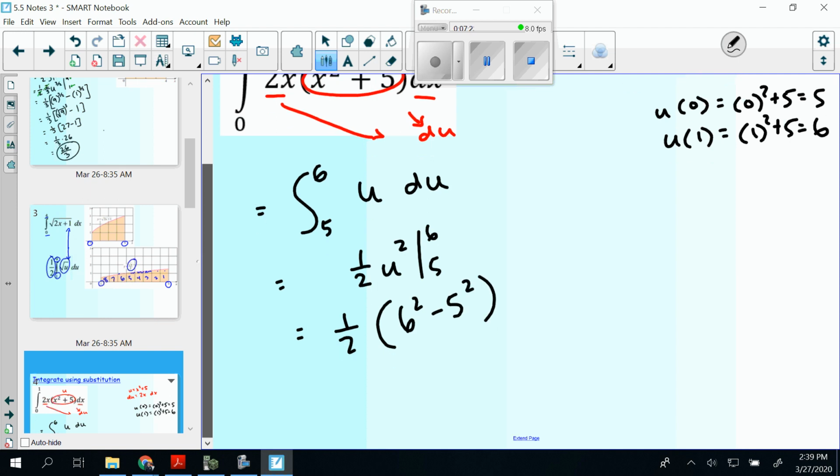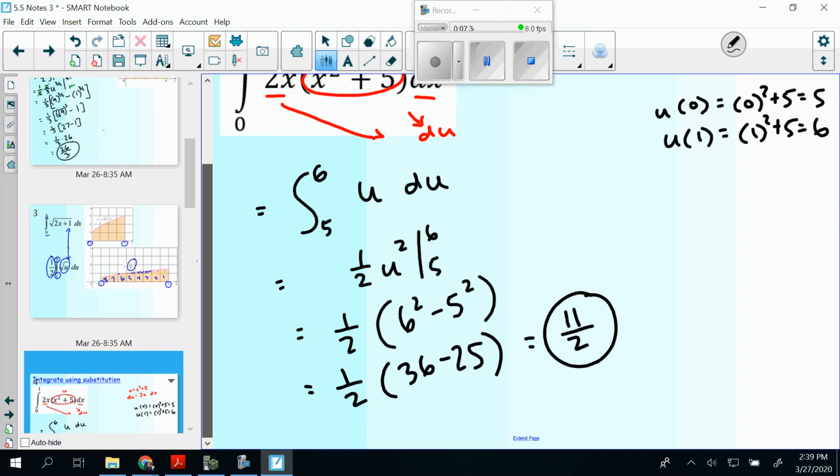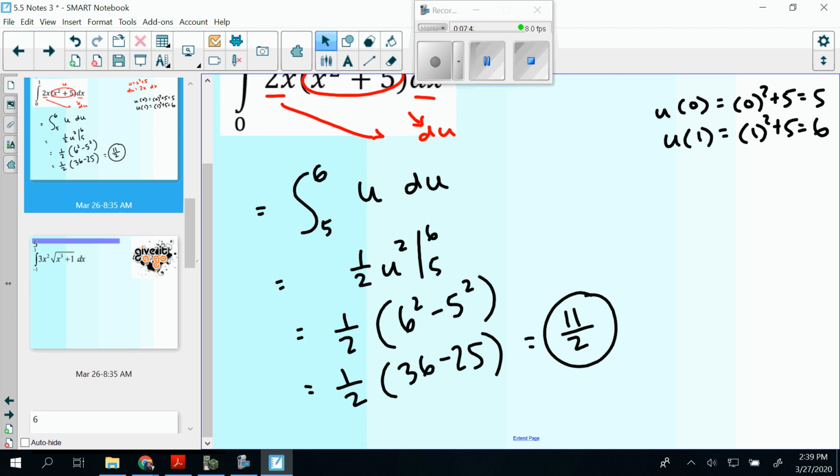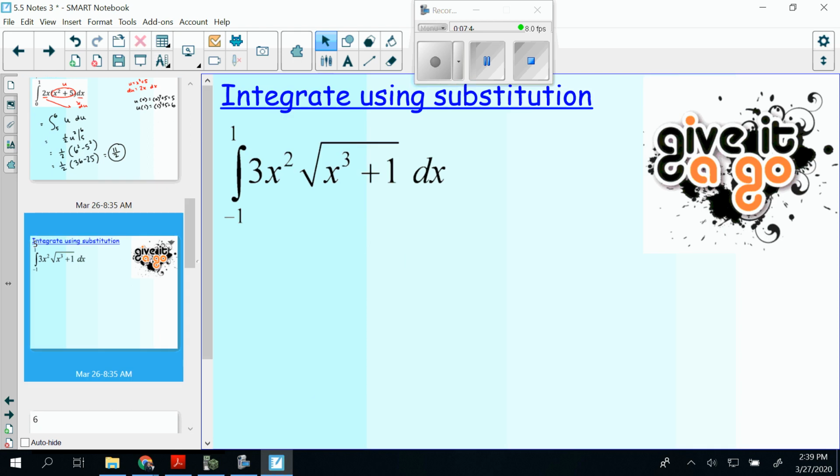That's going to end up being 1/2 of 36 minus 25, which is 11. And so we get 11 times 1/2, or 11 halves. So the answer would be 11 halves, or 5 and 1/2. Okay. So once you change those limits, there's no reason to substitute back in. Why don't you guys pause the video and see if you can do this one.